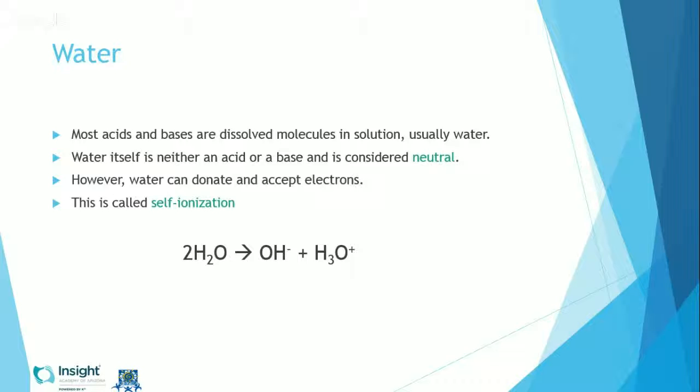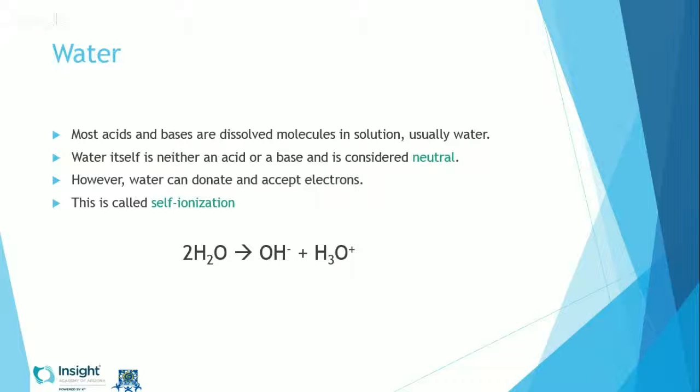But you have your positively charged hydronium, which acts like your proton donor. It takes an H plus, okay, which means it's donating protons. And then you've got over here your OH minus, which is accepting the H plus, and is the base.